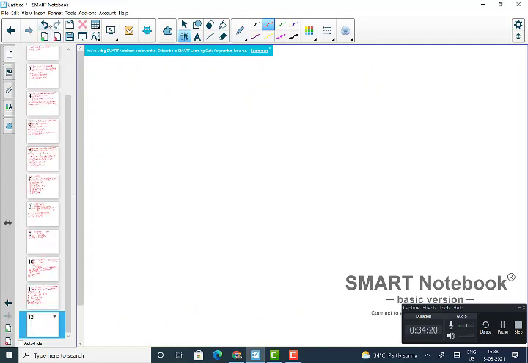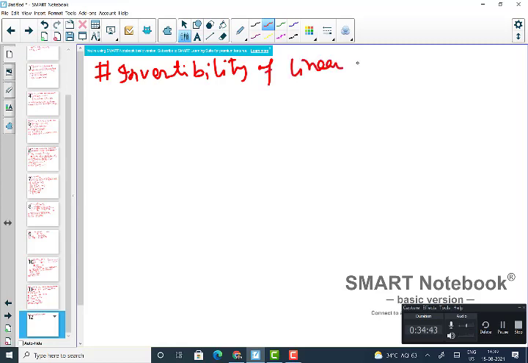So let us define it, for linear operators, or linear maps also.